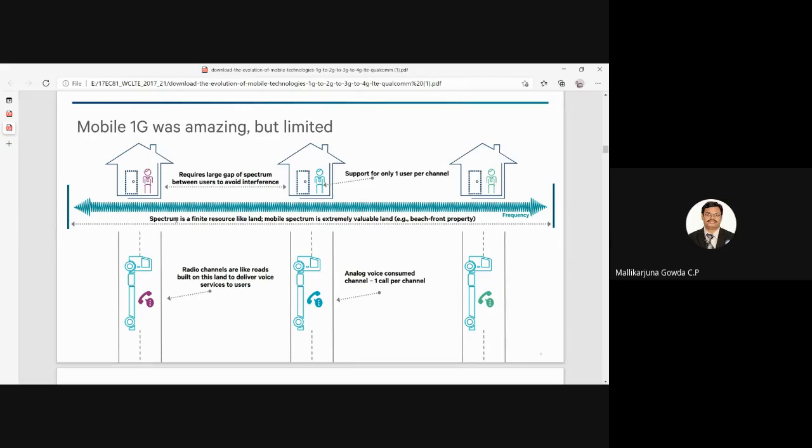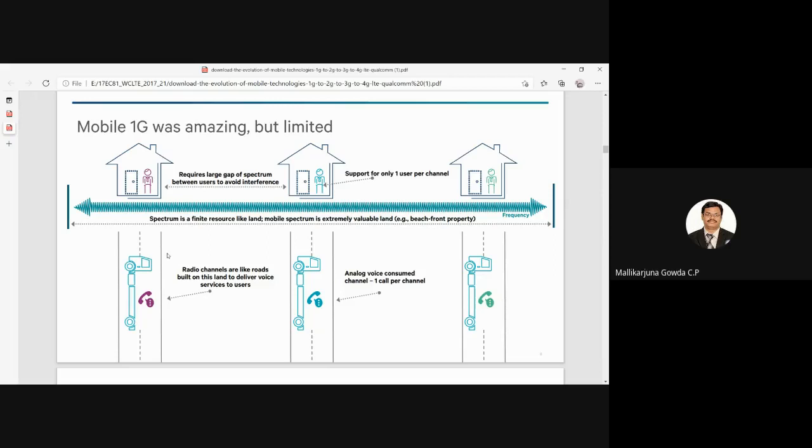As I said, spectrum is a finite resource like land, right? So mobile spectrum is extremely valuable, like the land, given the example. And here it uses one channel per user. He has given the analogy that the channel is like a road built on the land to deliver the voice services to the user.